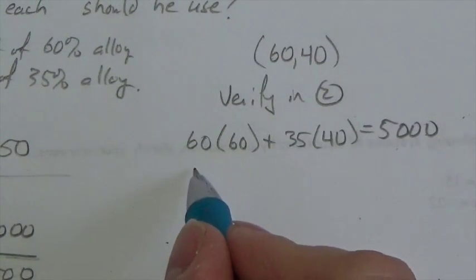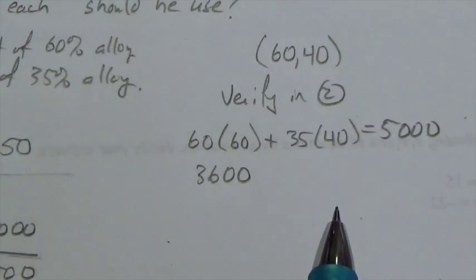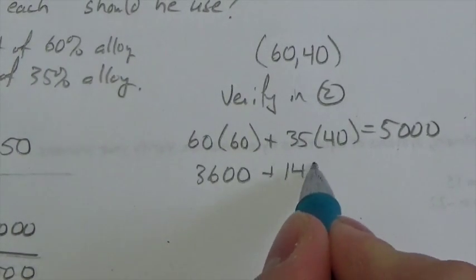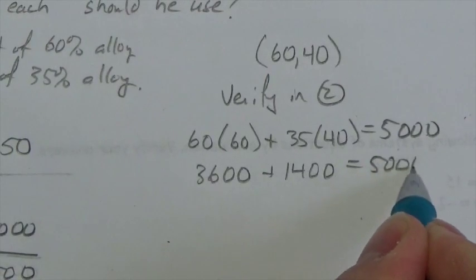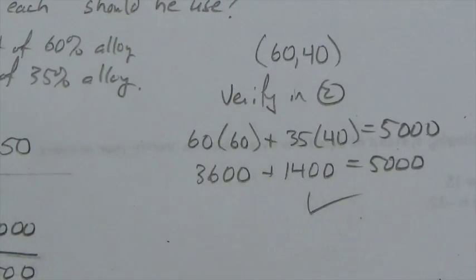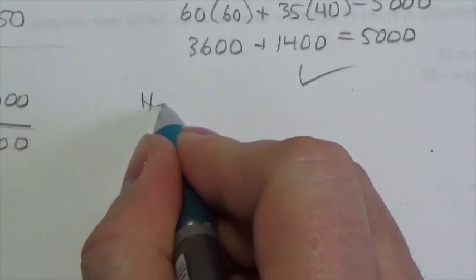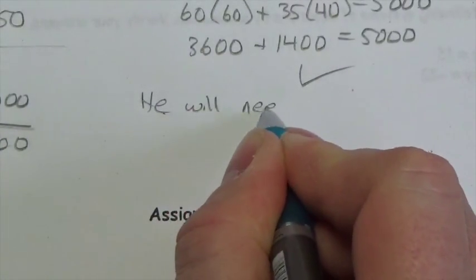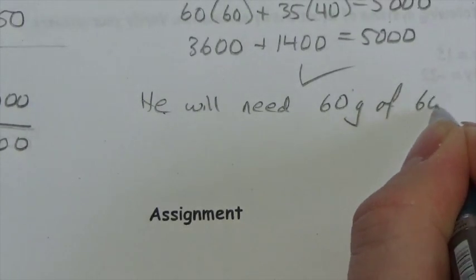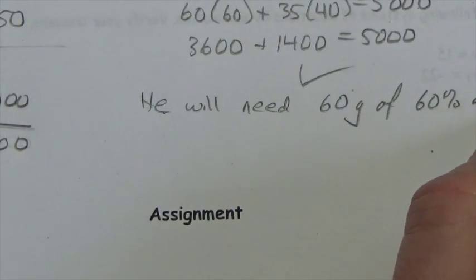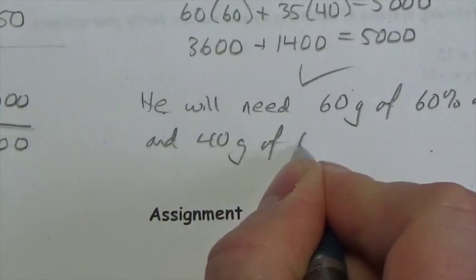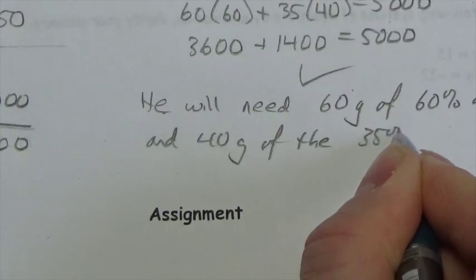Well, 60 times 60 is 3,600. 35 times 40 is 1,400. Does that equal 5,000? Yes, it does. And so he will need 60 grams of the 60% alloy and 40 grams of the 35% alloy.